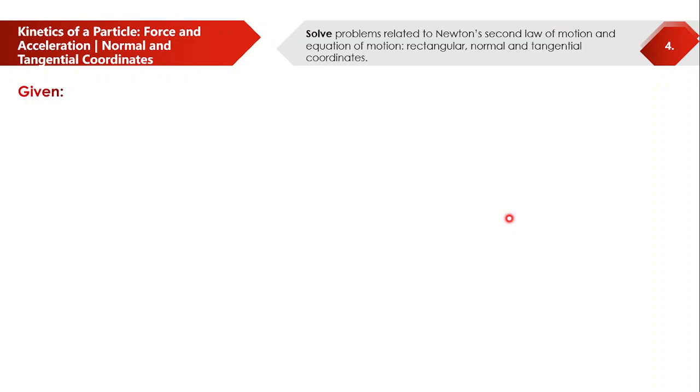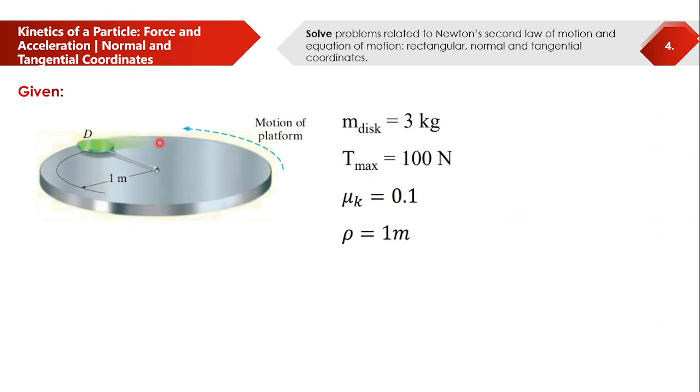Okay, so for the given, these are your given in the figure, and so the radius or the rho will be equal to 1 meter, mu sub k or the coefficient of friction 0.1, the maximum tension that can be sustained by the cord will be 100 newton, and then the mass of the disc is 3 kilograms.